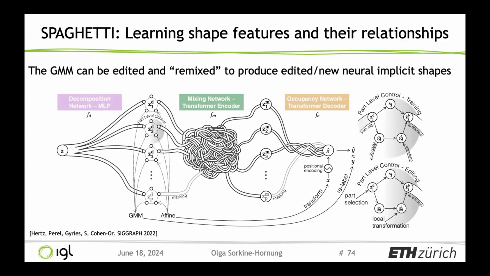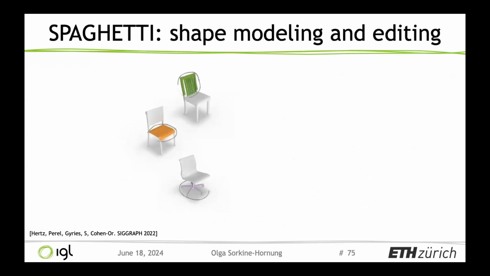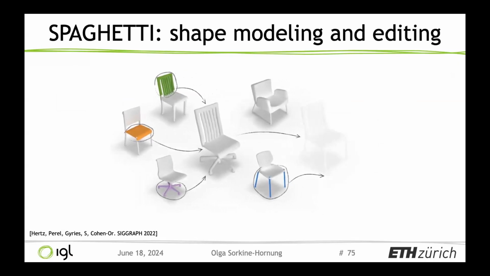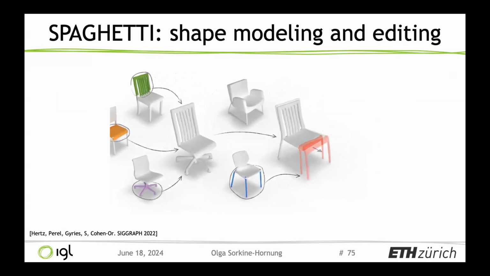So yeah, we designed this architecture. I won't go into the details here, but basically it trains on ShapeNet, on a particular class of ShapeNet, and on those models, I mean, and it's able to reveal this representation, and then you can do edits of your shapes very similarly to what you saw before in iWires.